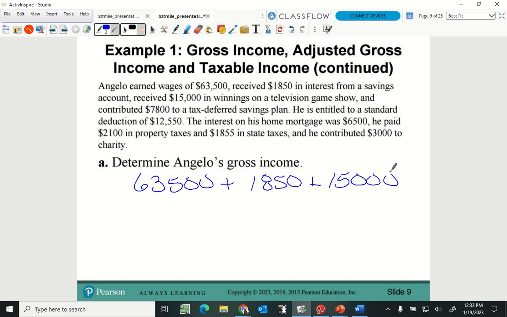I know you guys are calculating for me. I appreciate that, because people that are not calculating are just sitting there like a bump on a log. 80,350. Yep. And this is gross. When we get to the homework problems, there's going to be gross, and then you do adjusted gross, and then you do taxable.